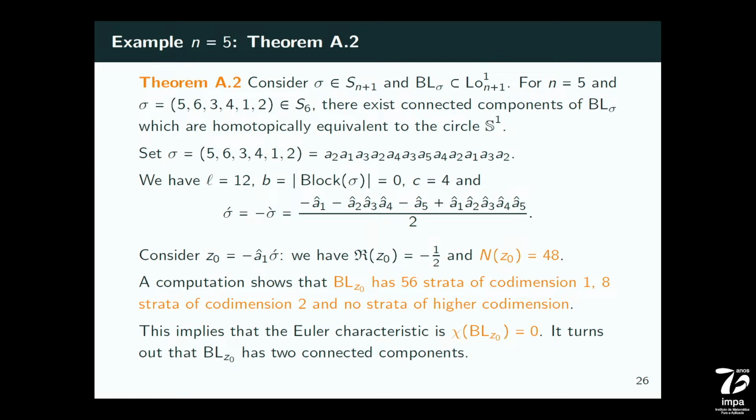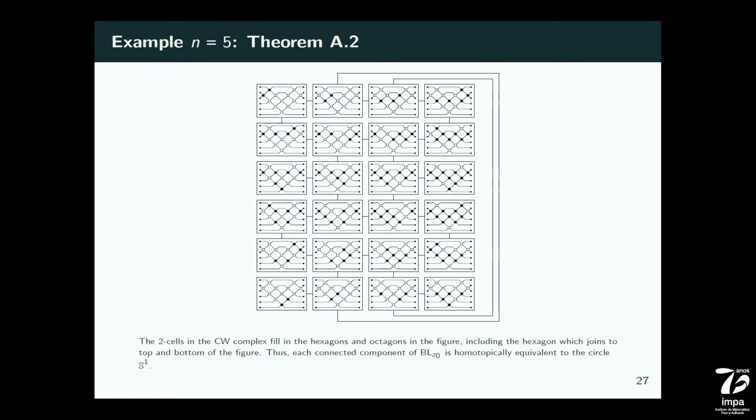Of dimension 1, we have this number, and we don't have strata or cells of dimension higher than 2. In this case, we computed the Euler characteristic and we get 0. And we constructed this stratification by hand.